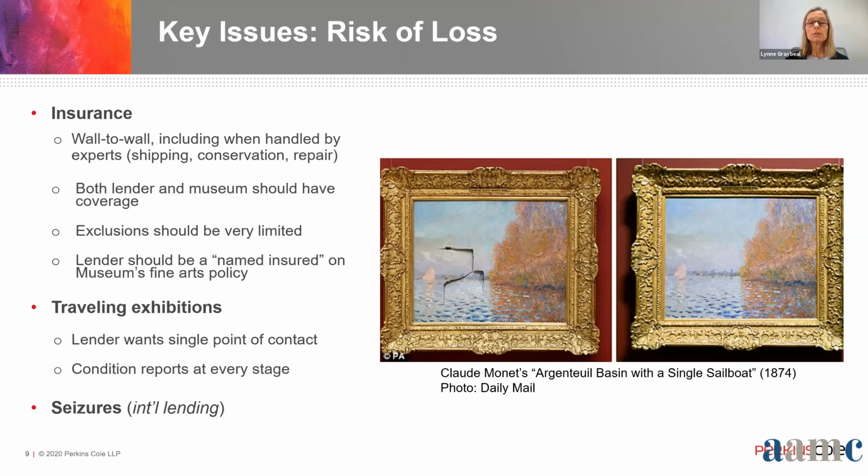Typically, although there's a statement of wall-to-wall or nail-to-nail insurance coverage, the museum's liability typically excludes any handling by third parties. And it's often not apparent when you read the terms unless you understand what in the possession of the museum means. From a museum's perspective, they usually don't mean when it's being shipped, if there's conservation or repair. Sometimes there's a third-party installation.